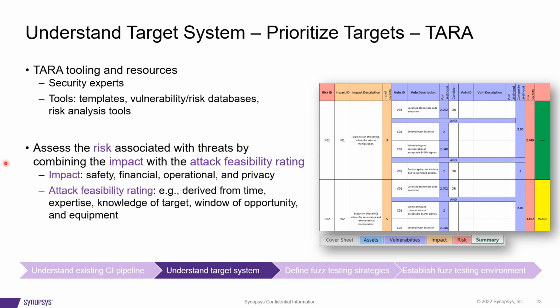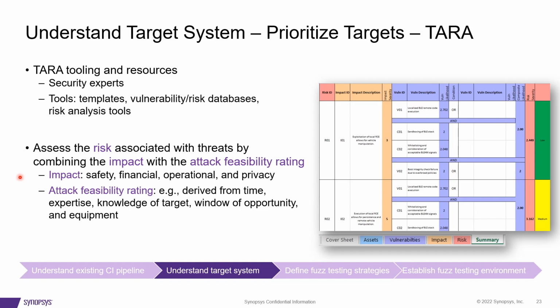So the goal here, as I mentioned, is that you want to assess the risk that's associated with the threats, and you do that by combining the impact with the attack feasibility rating. This is also described in the ISO standard. In terms of impact, you can look at what is the impact to safety, what's the financial impact, what's the operational impact, and what's the impact on privacy.